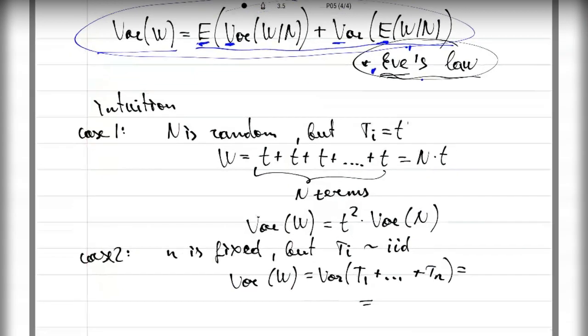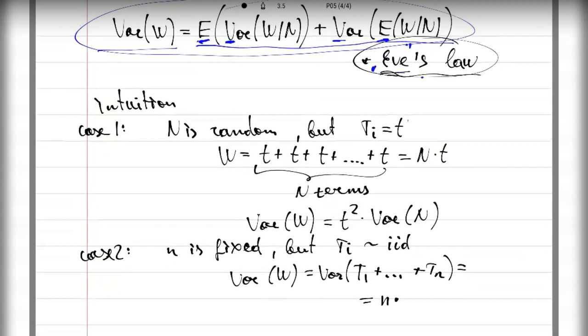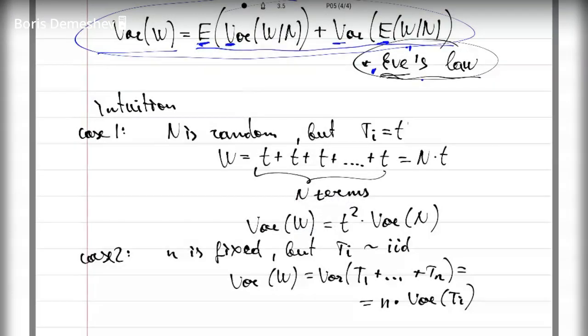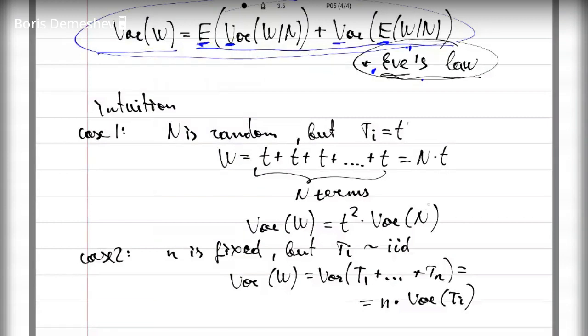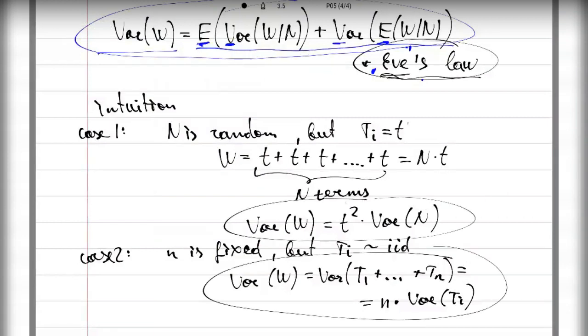And it's N times variance of Ti. And basically, these two cases are present in this formula.